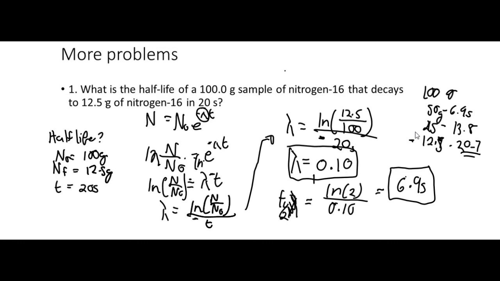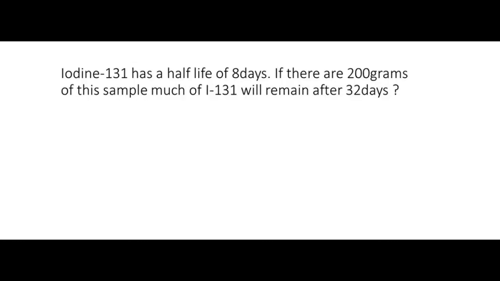Let's try another problem. Iodine-131 has a half-life of 8 days. If there are 200 grams of this sample, how much of iodine-131 will remain after 32 days? All right, so let's determine the given.